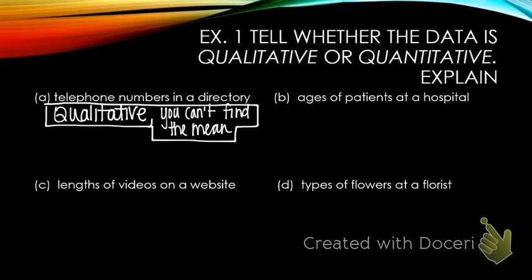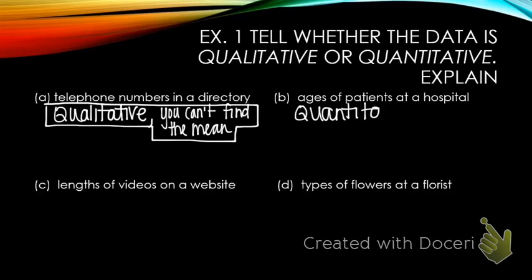All right, letter B, the ages of patients at a hospital. Quantitative, raise your hand. All right, hands down, qualitative. Good. Can you find the average of ages? Yes, so that definitely makes this one quantitative. All right, now what's your explanation? Can find mean.